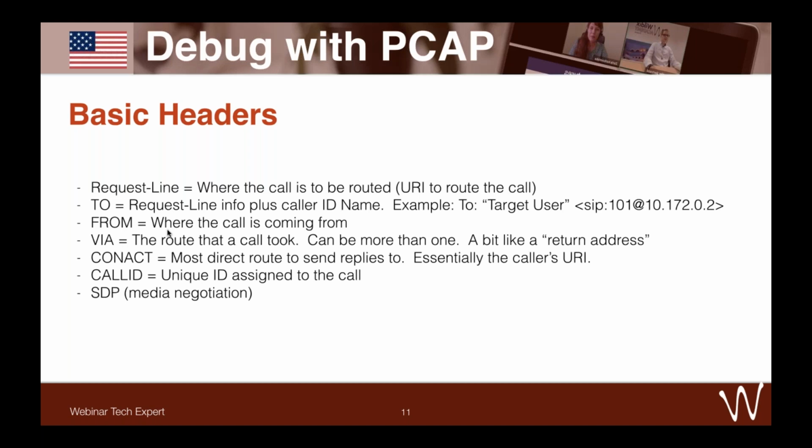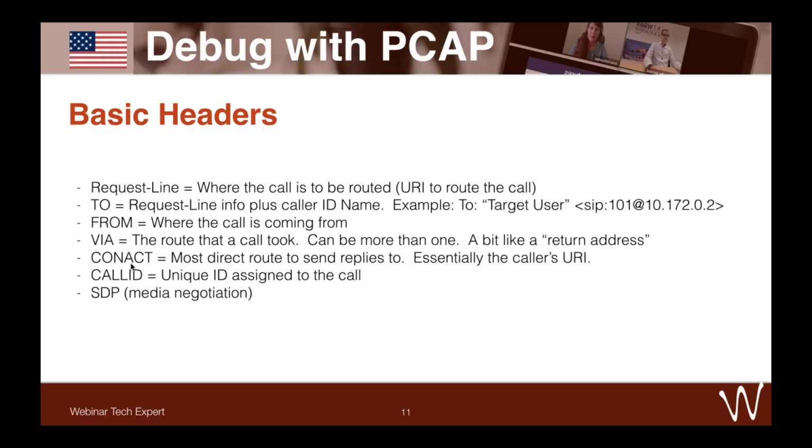So there are all these steps along the way that have been hit, and for each of these points that the call routed through, you end up with a via header attached. So essentially, each individual point knows where to send it back to. That's the idea of a via header, an extremely important header relative to routing in the SIP world.